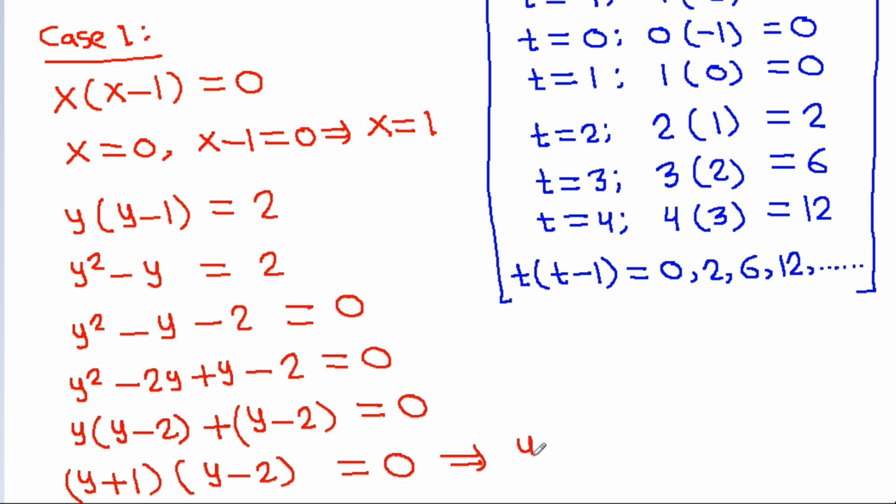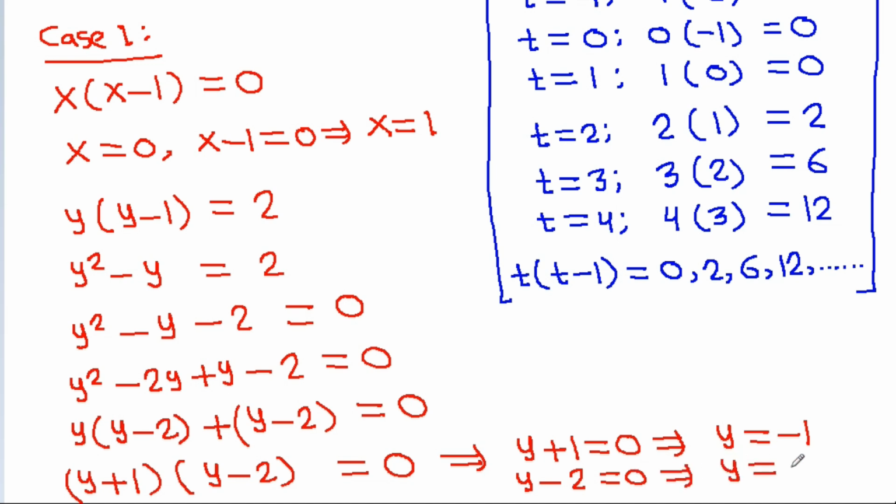So if y plus 1 is 0, then y will be equal to minus 1, and if y minus 2 is 0, then y will be equal to 2.